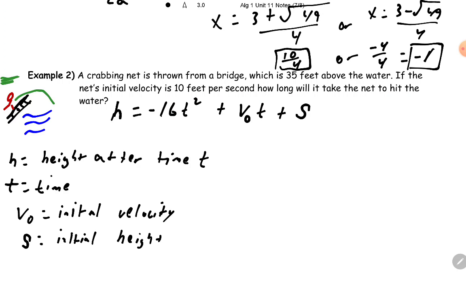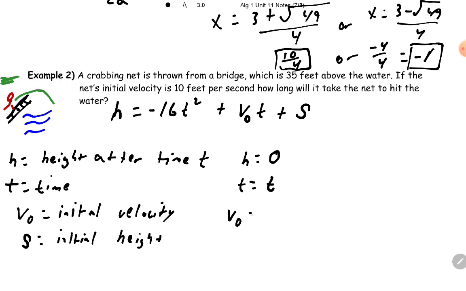A crabbing net is thrown from a bridge which is 35 feet above the water. If the net's initial velocity is 10 feet per second, how long will it take the net to hit the water? So they want to know how long it'll take to hit the water. So we're going to say the height at the water's level is just 0. T is what we're looking for, so we're going to keep it as t.